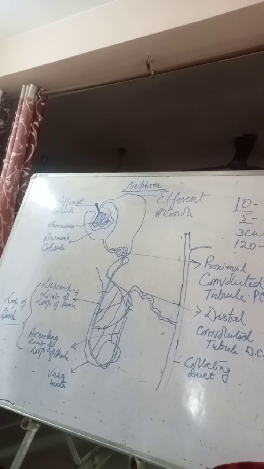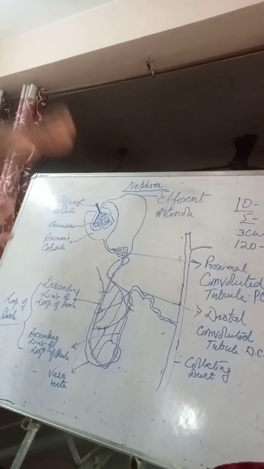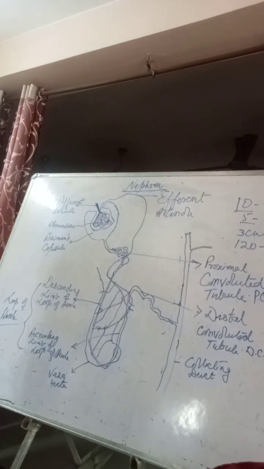Now, kidneys externally have a tough capsule. Inside, a single kidney can be divided into the outer cortex and the inner medulla. In the center, there is a notch which is called the hilum, and through the hilum the ureter and blood capillaries enter.